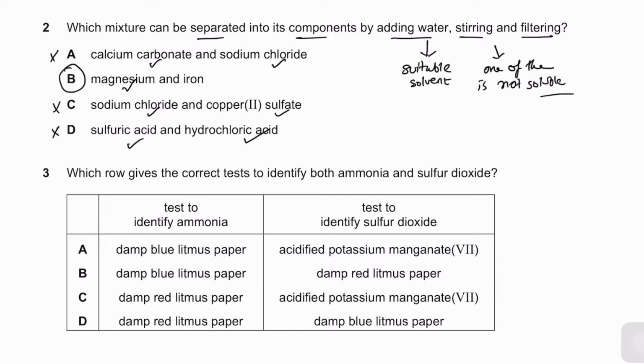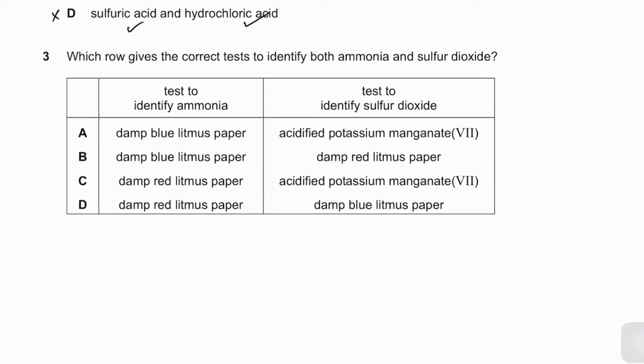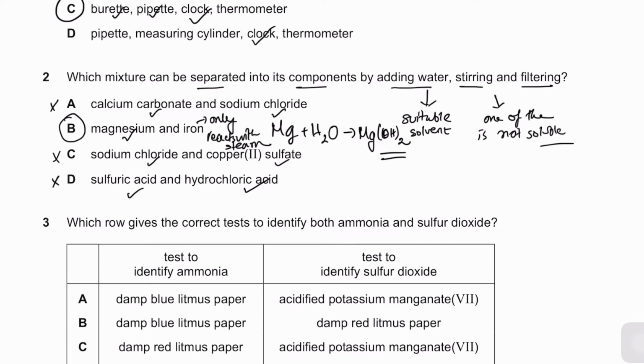So the answer will be B. Magnesium will react with water to form magnesium hydroxide, which is a soluble liquid. Iron only reacts with steam, so this will remain insoluble. It does react very slowly with cold water, but it will not dissolve.